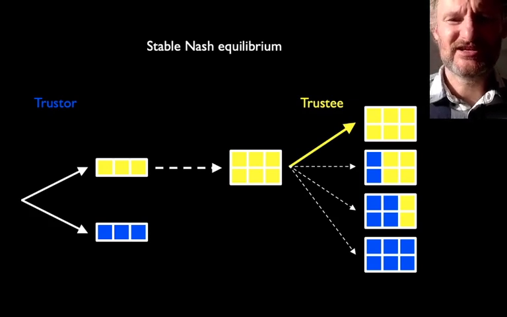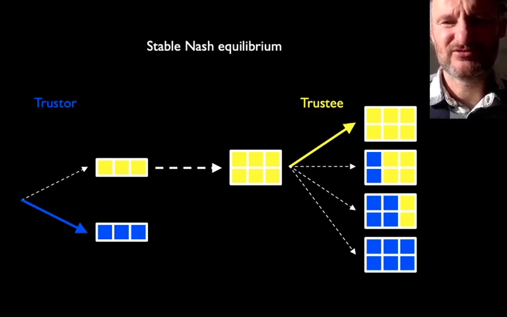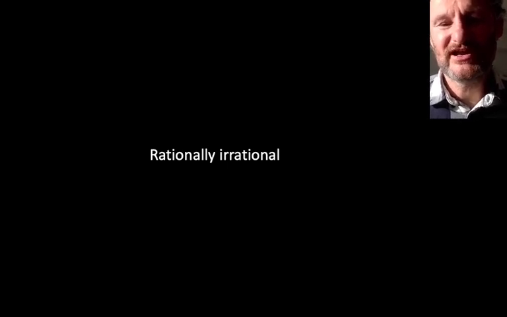And if trustees send back no money, then there will be selection pressure on trusters not to send any money to trustees, because if they do, they end up with nothing, and if they don't, they still have the €3.